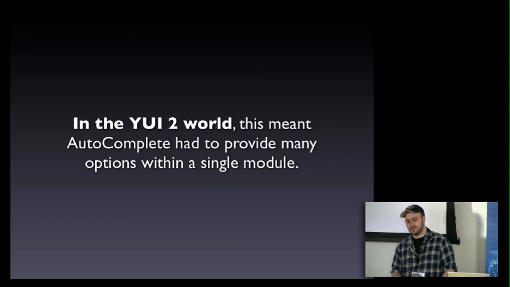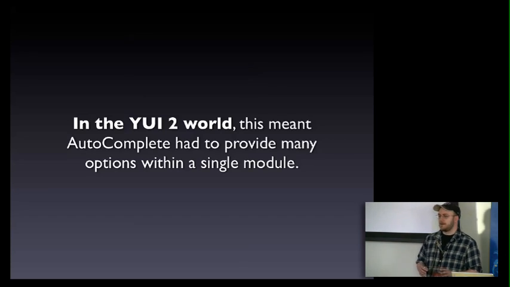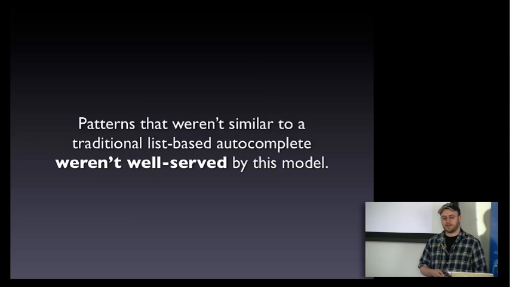In the YUI 2 world, this left us at a bit of a disadvantage. YUI 2 had a more monolithic module architecture. So you had one module that was responsible for taking care of all of the stuff that you were going to do with the widget. And then any options that widget wanted to expose, they all had to be handled by this one module. This ends up not being super great when you have something like autocomplete that has such a wide range of different patterns.